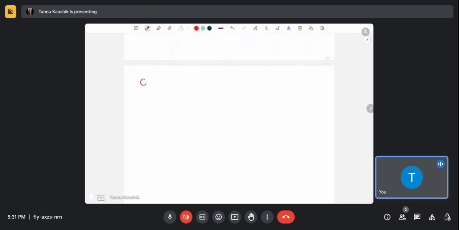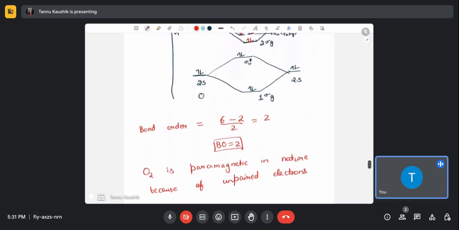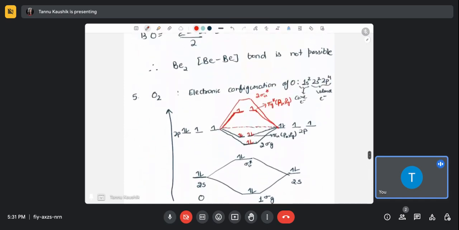So if we remove an electron from oxygen, the electron will be removed from the highest occupied molecular orbital, which is pi g star here.